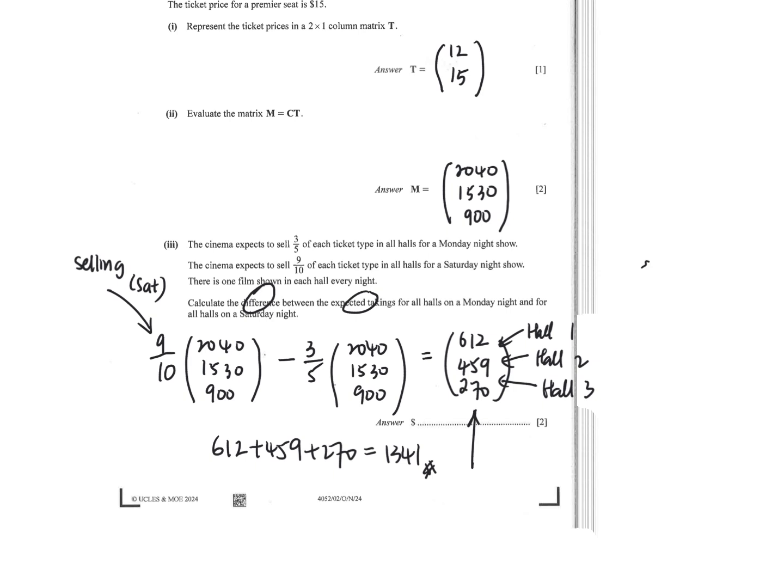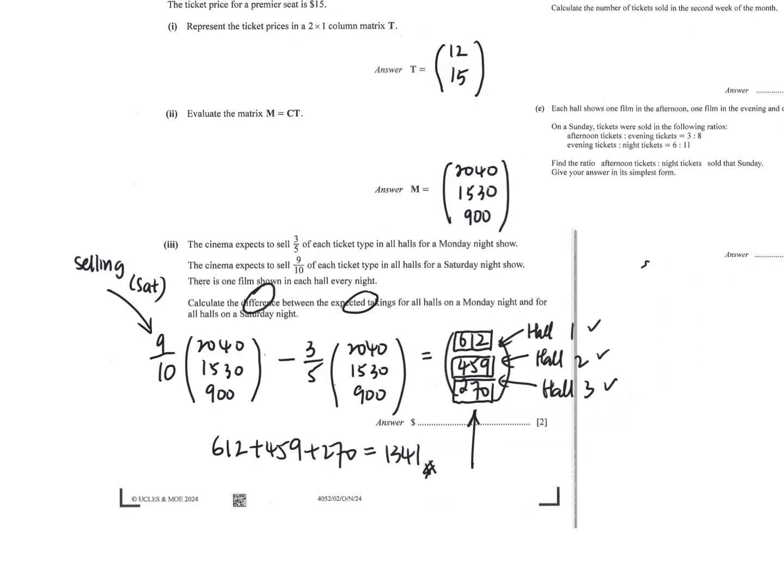Must you respectively? Yes. You miss out the respectively, then it doesn't get you the mark already. Because there's 3 entries there, you need to tell me that 3 entries is for who. So this one is for hall 1, hall 2, hall 3 respectively. Okay. There's a part B. Okay, part B need, huh? Okay, I put here.